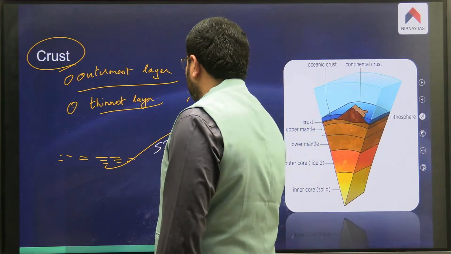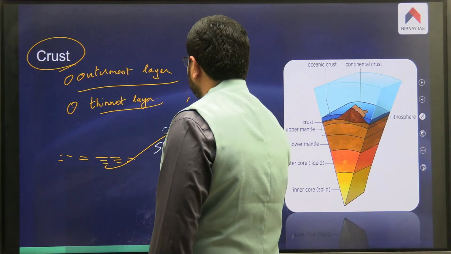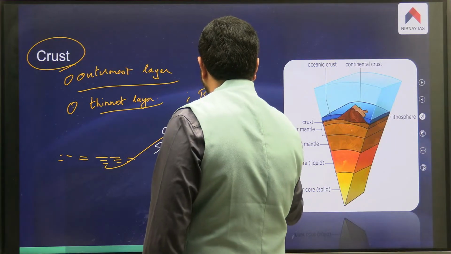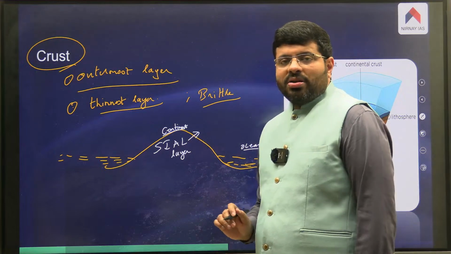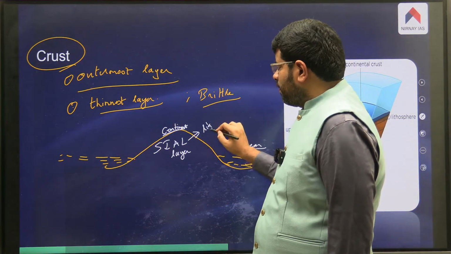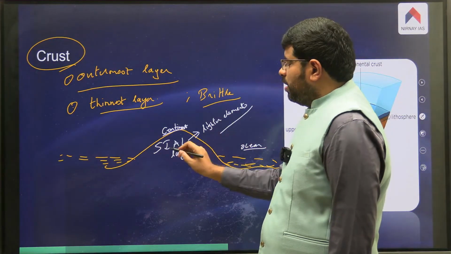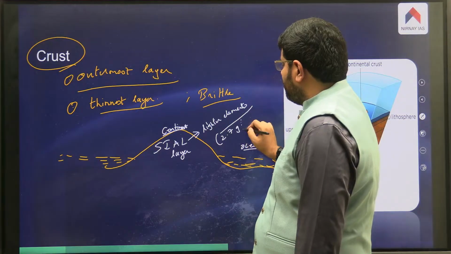That's why it is called the Sial layer, where the density, this is the continent, this is the ocean surface. The continental crust comprises lighter elements like silicon and aluminum. That's where the density is around 2.7 grams per cubic centimeter.